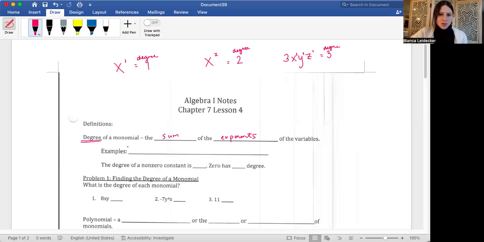So let's put some examples on this line. The degree of x is 1, whereas negative 3xy would be a degree of 2, whereas maybe 4xy to the second power z to the third power would be a degree of 6.